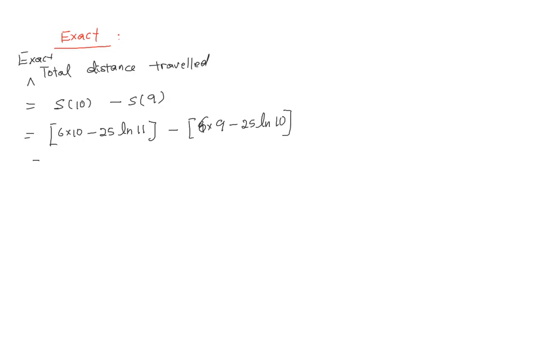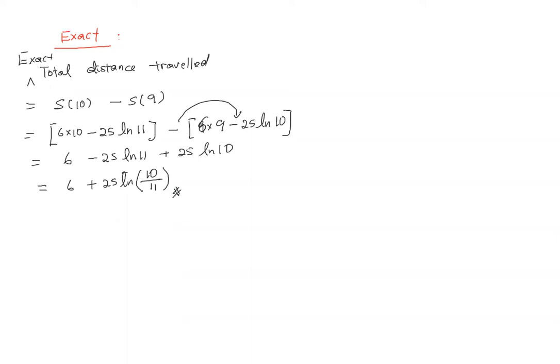So the answer here will be 6 minus 25 ln 11 plus 25 ln 10. So the answer will be 6 plus 25 ln 10 divided by 11. So this is the exact value. Are you clear? If the question asks for exact.